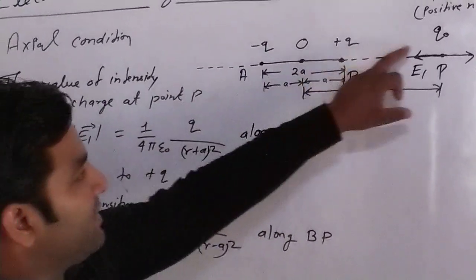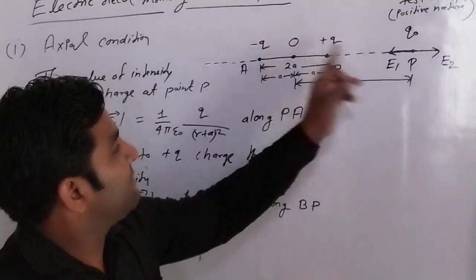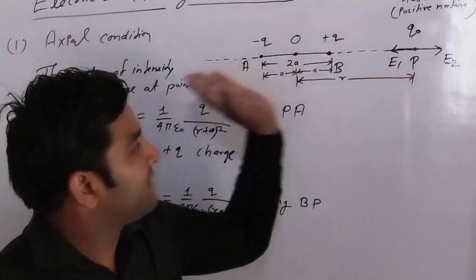Repulsive nature means away from the dipole, and attractive means towards the dipole.